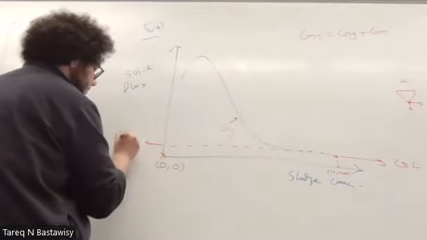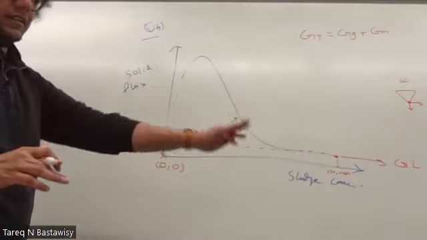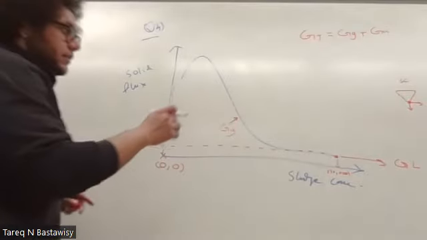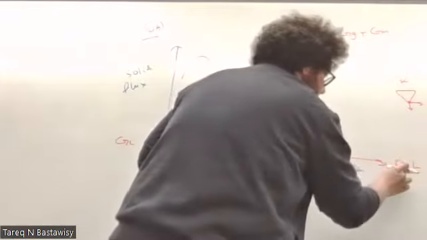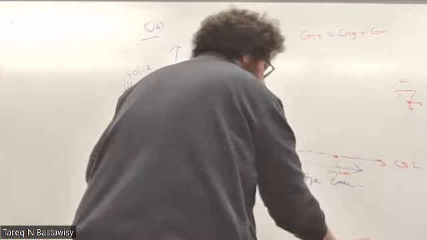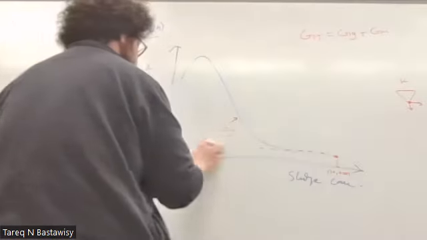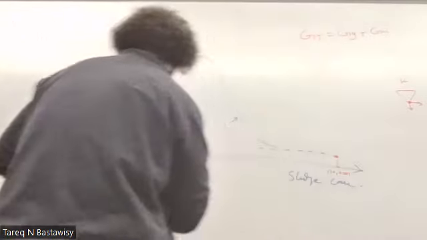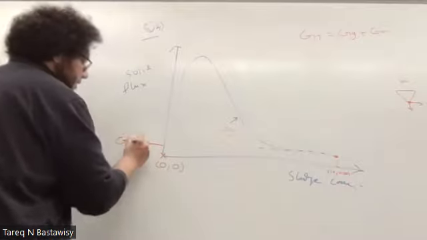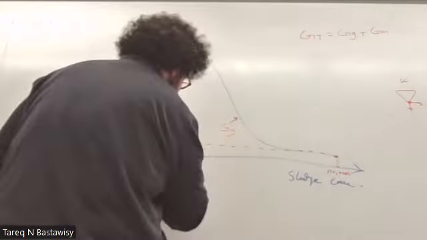In general, the minimum of the graph is that last point, but I'll show you what GL is in a second. We're going to define this as GU. So this is GU, right there.